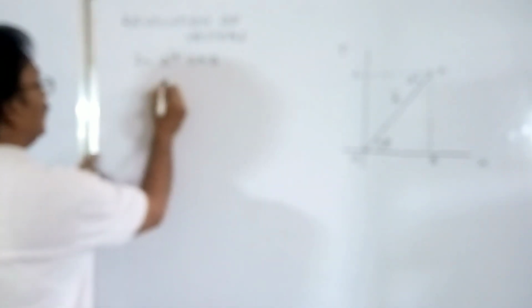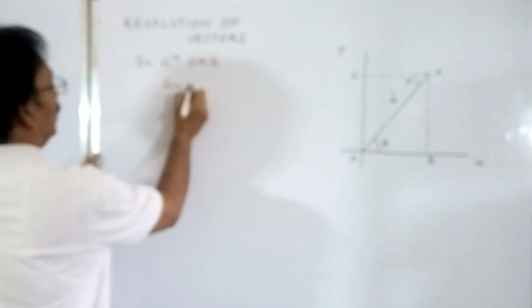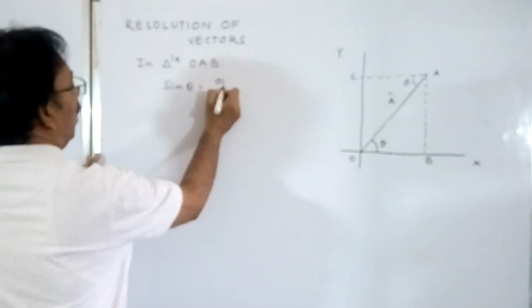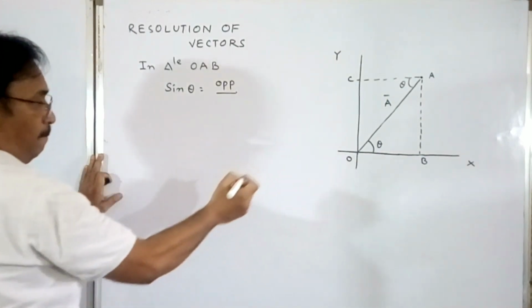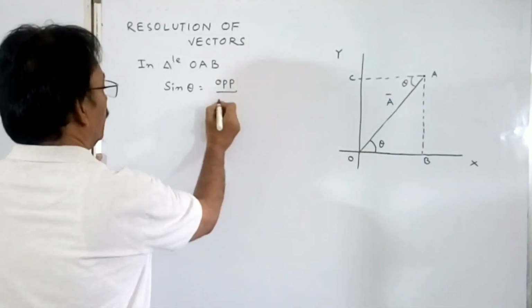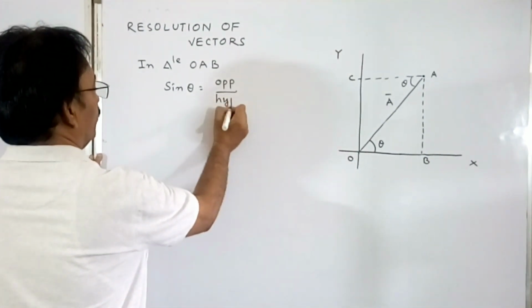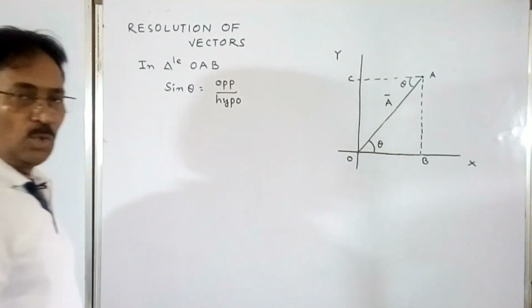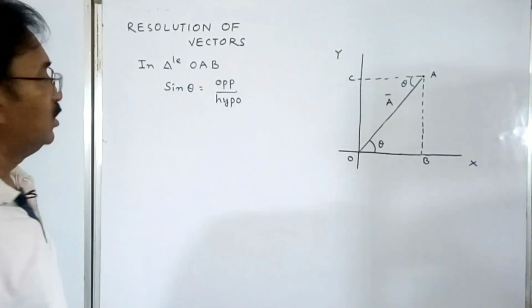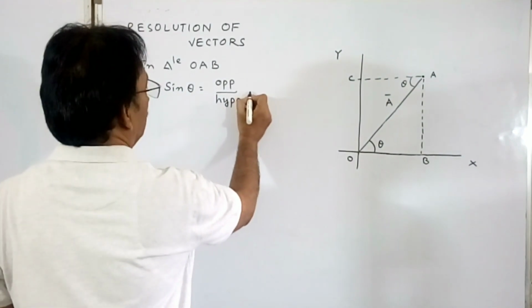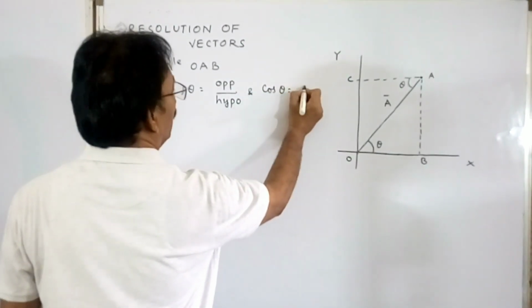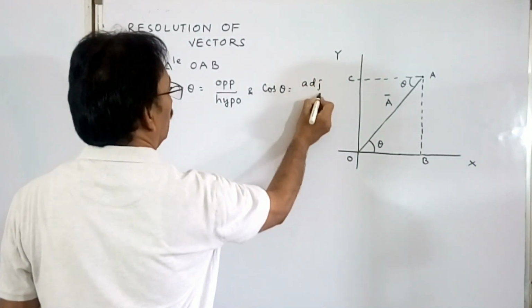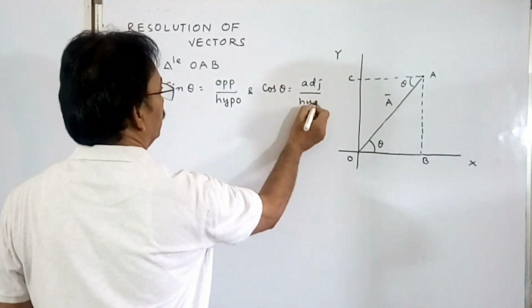You learned that sine theta is equal to opposite upon hypotenuse, and cos theta is equal to adjacent upon hypotenuse.